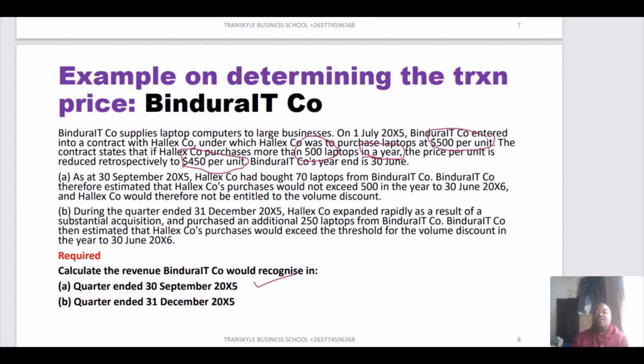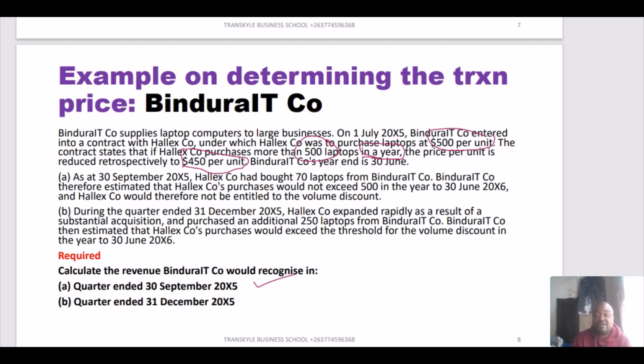Which means all the initial purchases which you bought under circumstances when you were not entitled to a discount would be overtaken by the new developments.